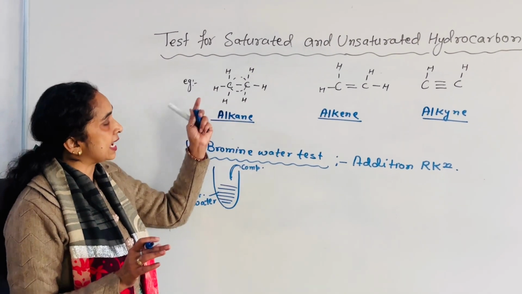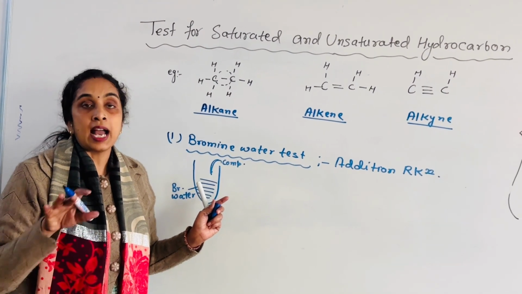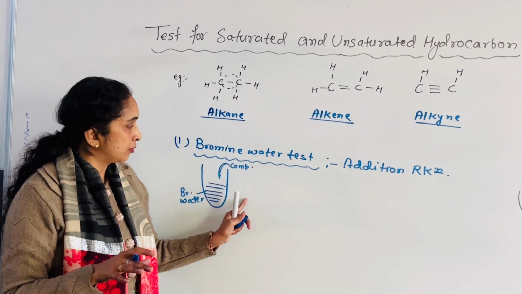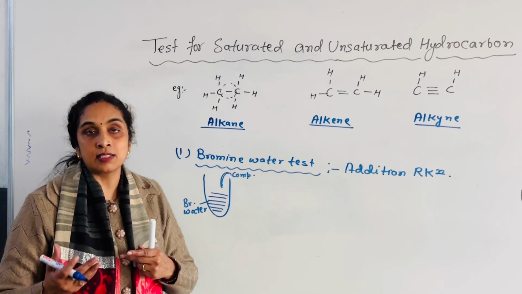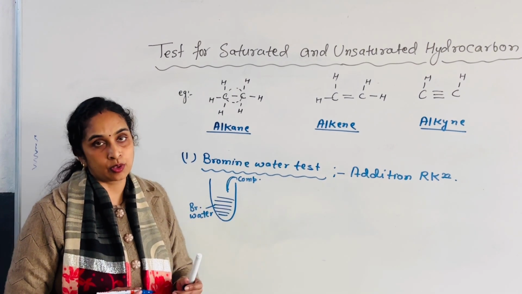But when we add alkane, there is no addition reaction and no decolorization of the bromine water. This is how we can differentiate saturated and unsaturated hydrocarbon.